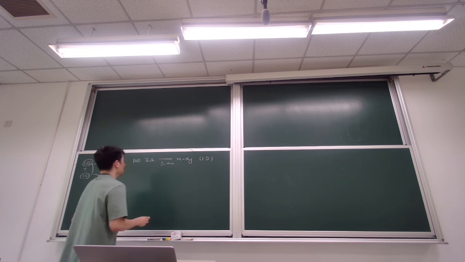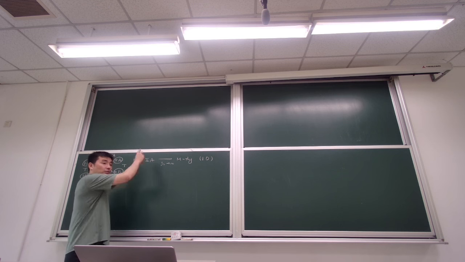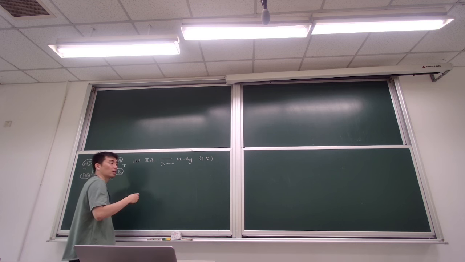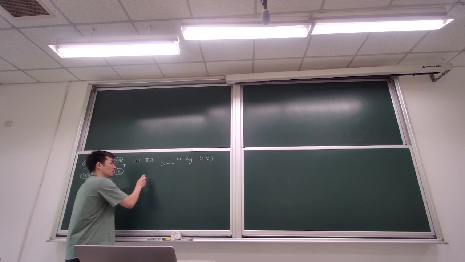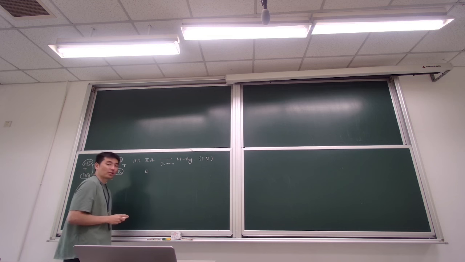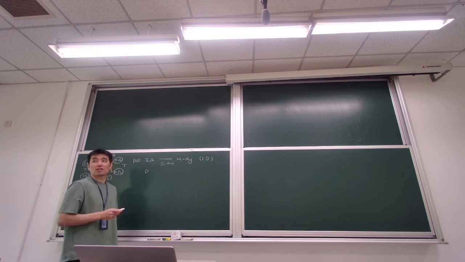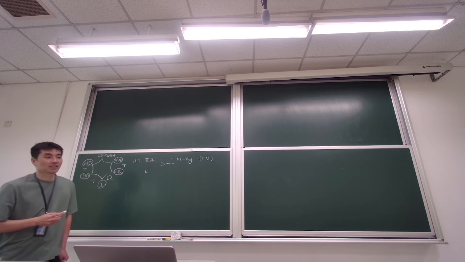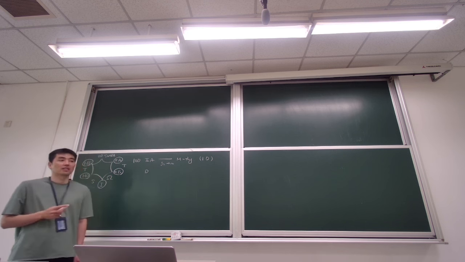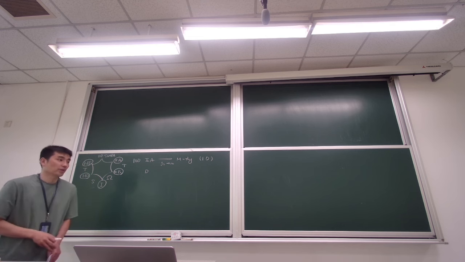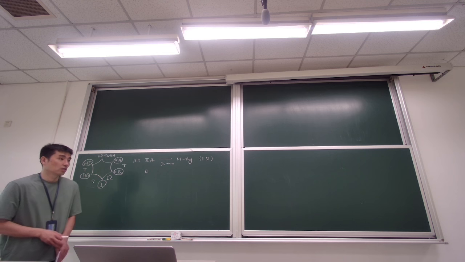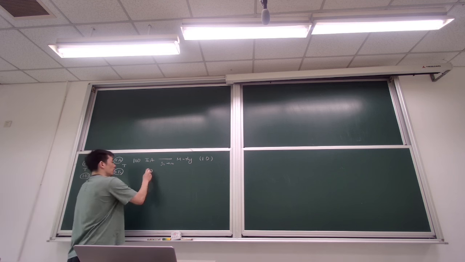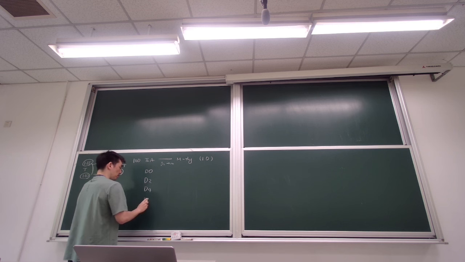So what kind of branes does it have in 2A? What kind of branes? D-p branes. Is p even or odd? Even: D2, D4, D6.